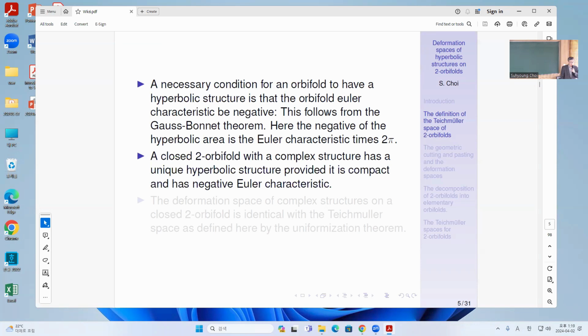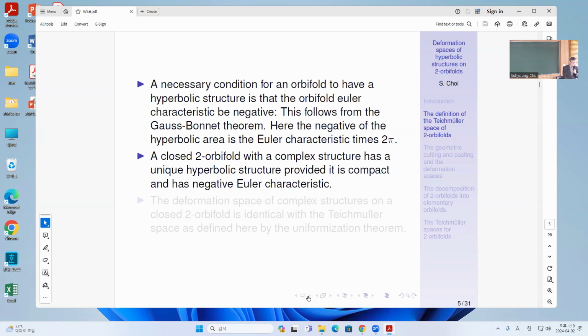So if you have a closed orbifold with a complex structure, then it has a unique hyperbolic structure, provided it's compact and has negative Euler characteristic. Okay, so of course the proof is again the Koebe uniformization theorem. So we're not, of course, proving that here.